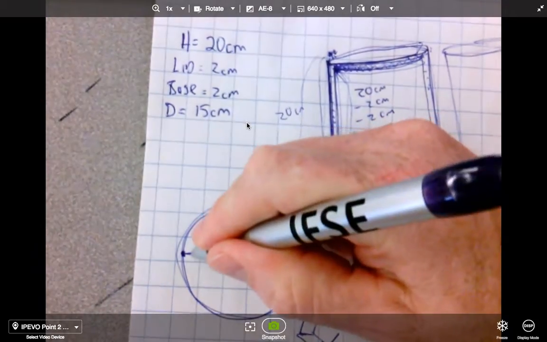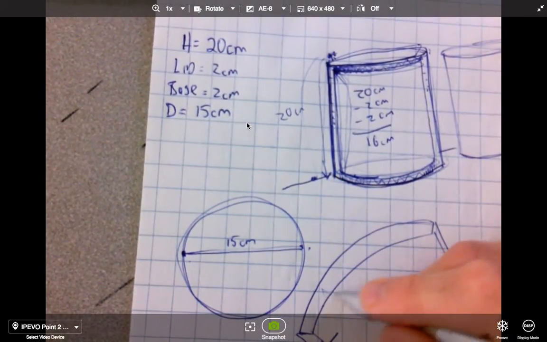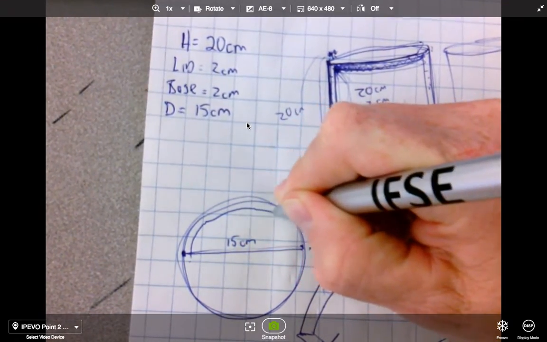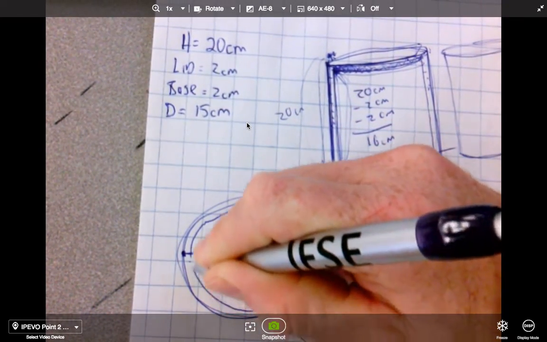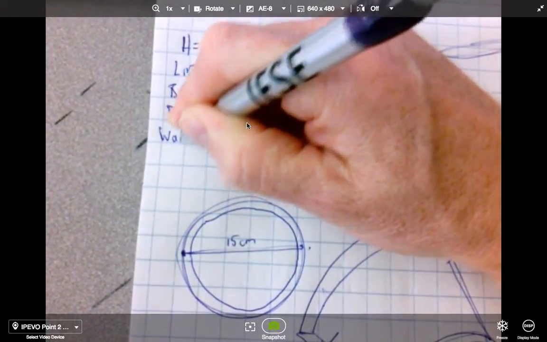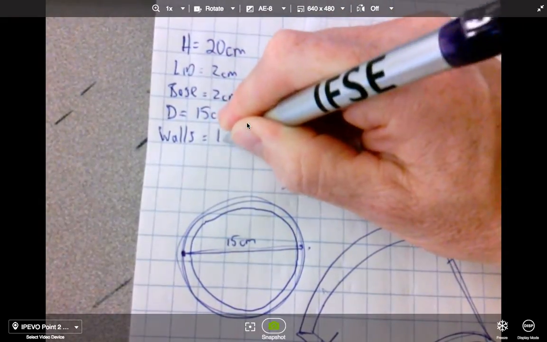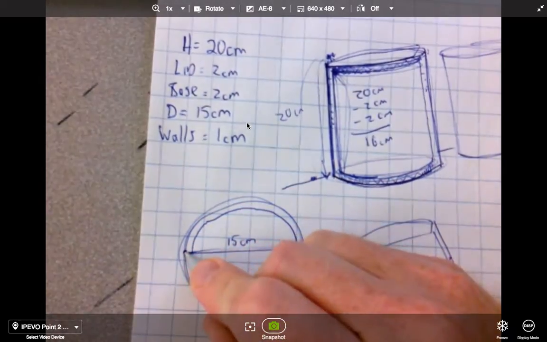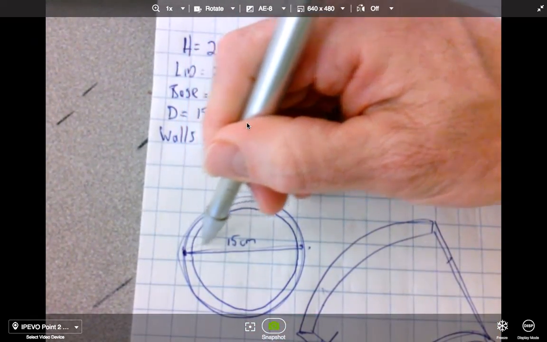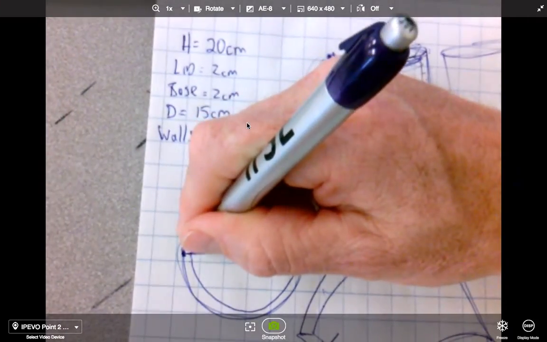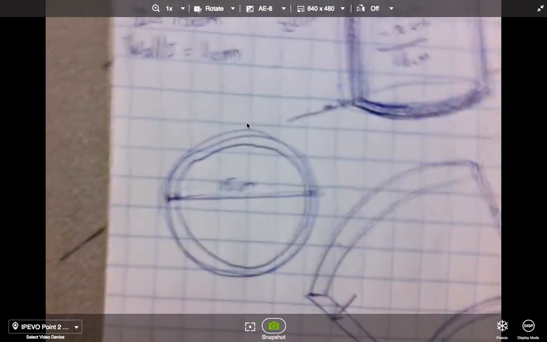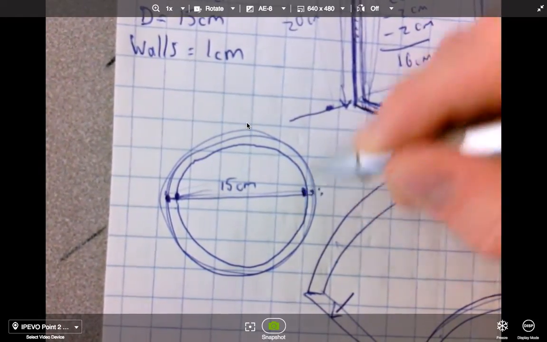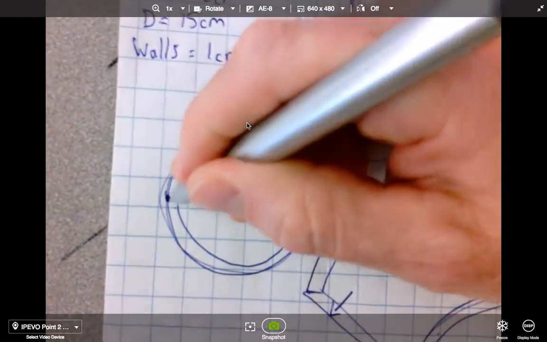But let's also say that there is a thickness, as we suggested here, to the walls. So if there's a thickness to the walls, and let's say the walls are, I don't know, 1 centimeter thick, that means instead of the ant crawling from here, 15 centimeters all the way across, let's say the tightrope started here and went to the other part of the inner cylinder, it would actually be less 1 here and less 1 here.